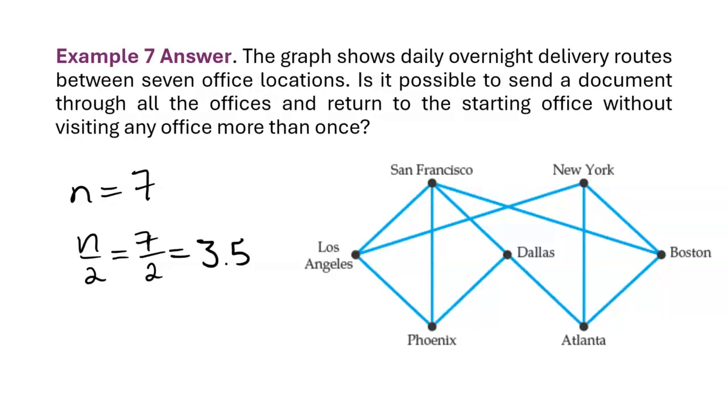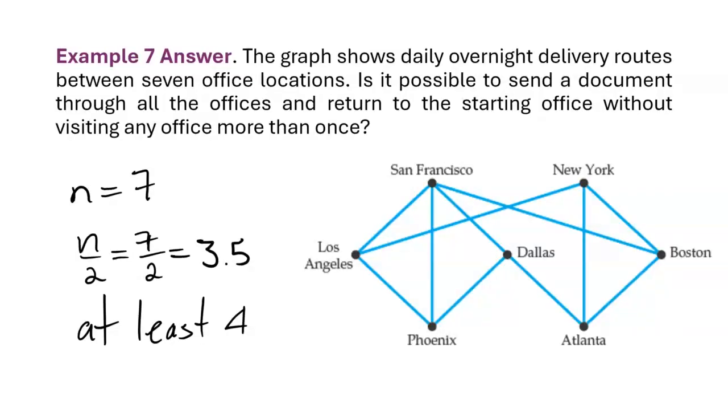Since the degree of a vertex counts lines, it is a whole number. So you need to have 3 connections or 4 connections or 5 connections. If it says at least 3.5, it's better to round it to 4. So that means every vertex needs to have at least 4.